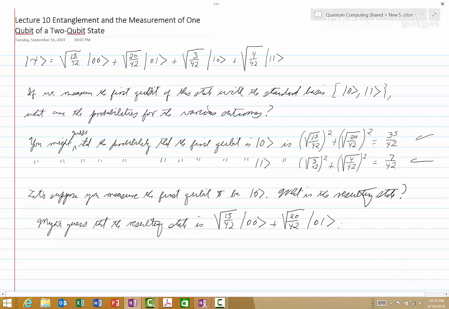And this is not too far off, but this is not a state, because it does not have magnitude 1. So in other words, for those of you who've heard this kind of terminology before, we need to normalize that state.